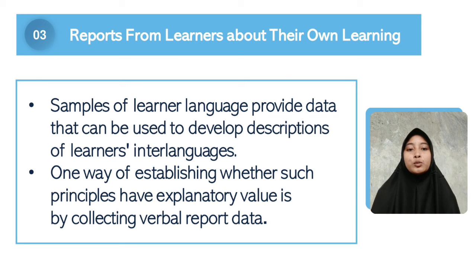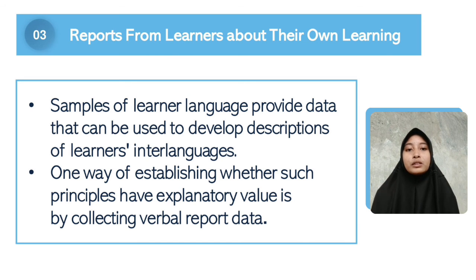Samples of learner language provide data that can be used to develop descriptions of learners' interlanguages. These descriptions in turn provide the evidence on which theories of second language acquisition can be developed and tested. However, the process of developing and testing explanations on the basis of descriptions of learner language is necessarily one of inference.